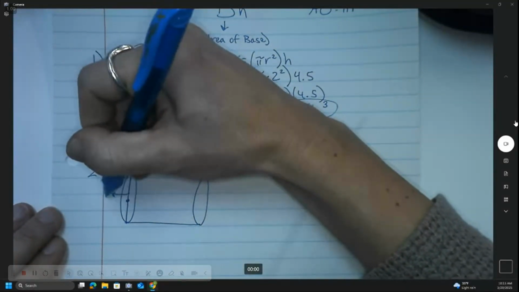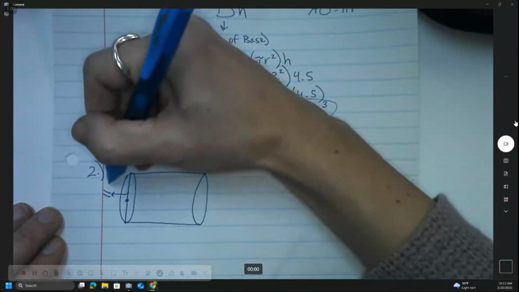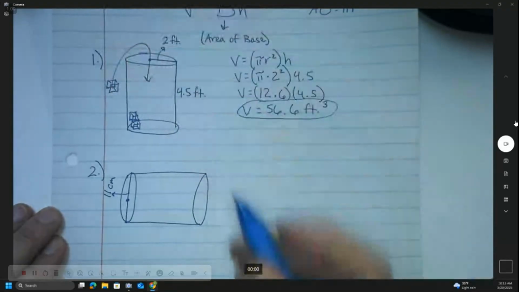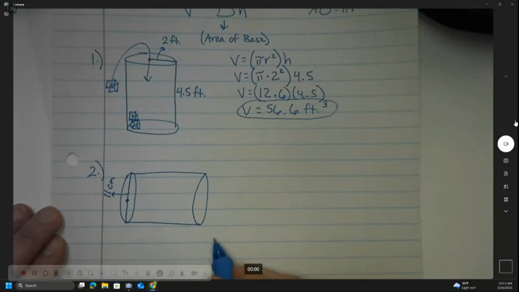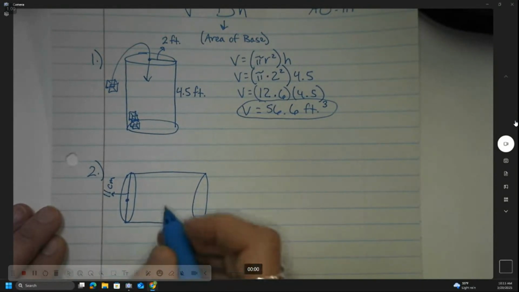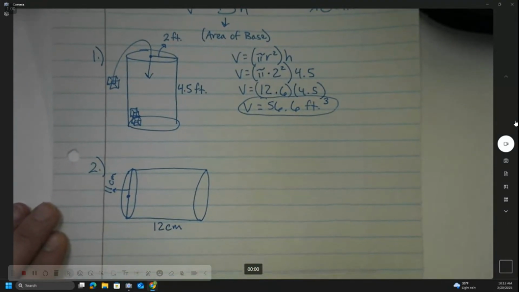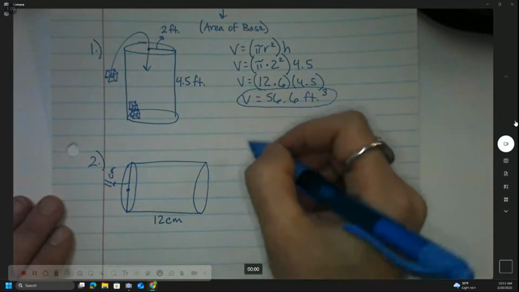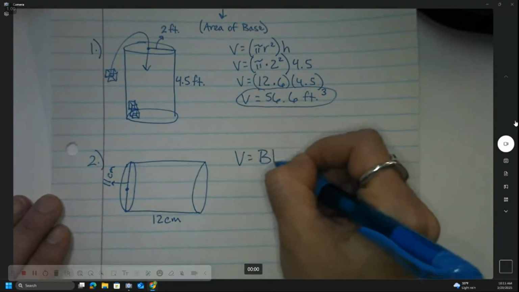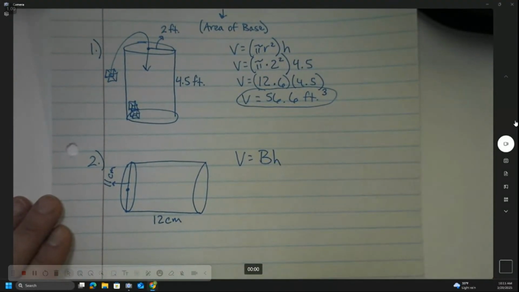The diameter is going to be 11 centimeters, and let's say the length of it is going to be 12 centimeters.